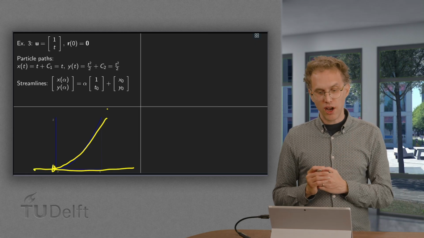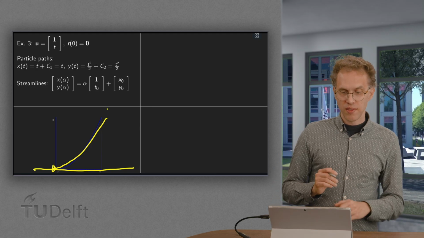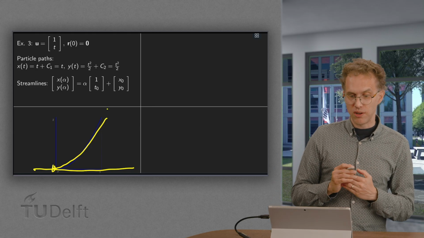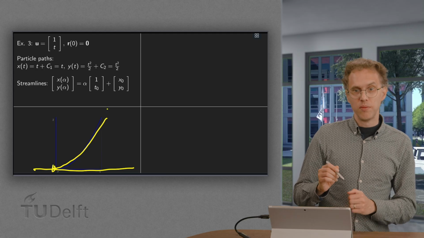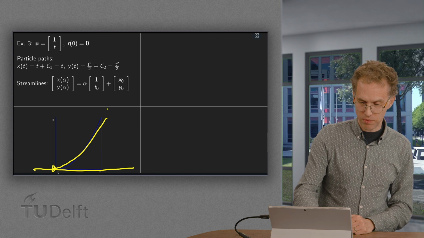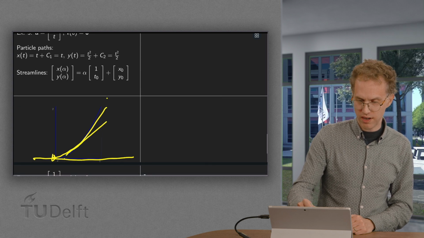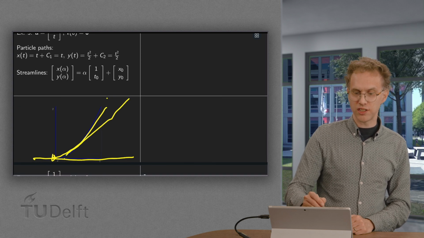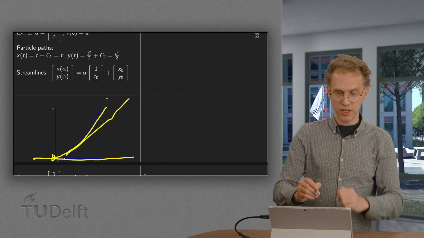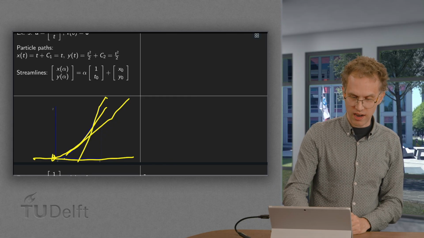However, if you take larger t0s, then you will still get lines as streamlines, but in different directions. So if you take a bit larger t0, you get, for example, this streamline over here. And if you take an even larger t0, your direction vector will be (1, t0), so it will go steeper. So you get a streamline over there.